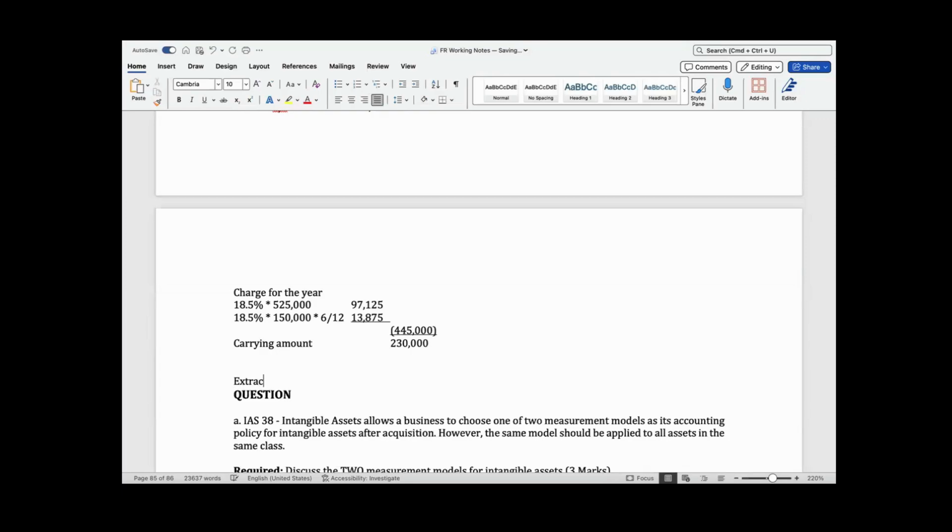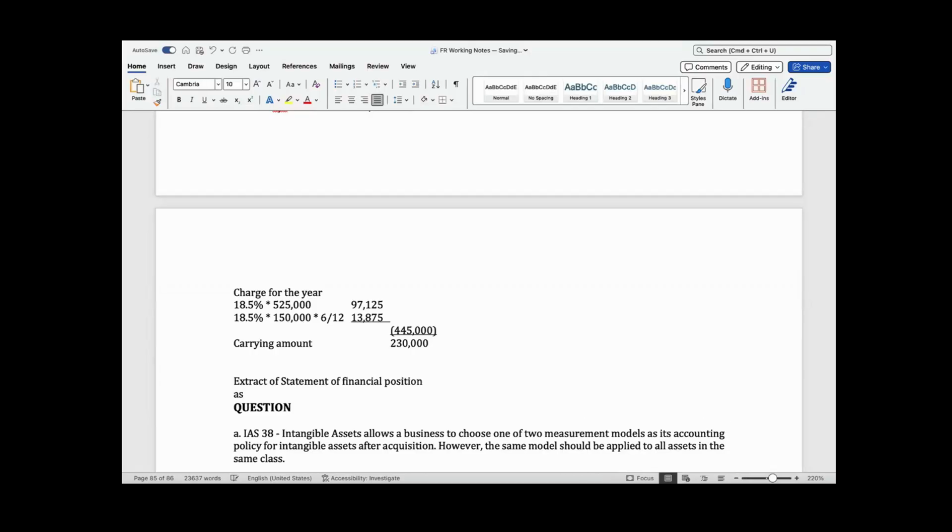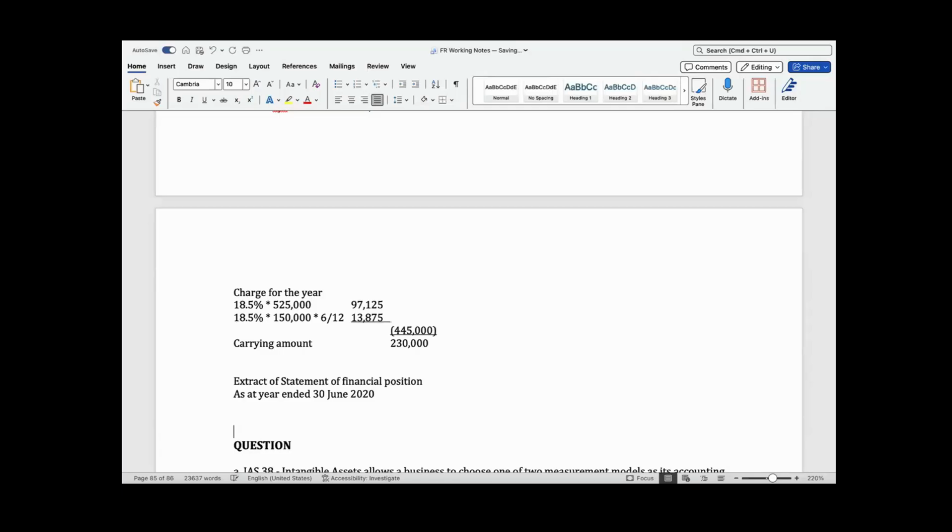So let's do our extracts. Extract of statement of financial position as at year ended 31st December 2020, restated June. So we want to do June 2020 and June 2019.